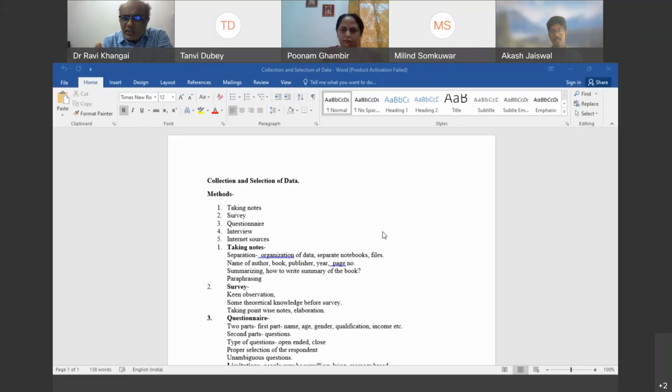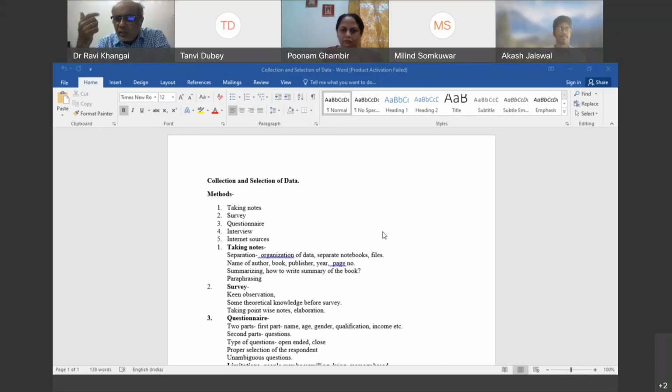The questions in the oral form become an interview, which will come later on. When you prepare the questionnaire, one question after another, a long series of questions, it is generally divided into two parts. The first part will generally have the information of the person who is responding: his age, his annual income, his gender, his qualification, and all that information is gathered in the first part. And the second part generally has the questions to which the people will respond.